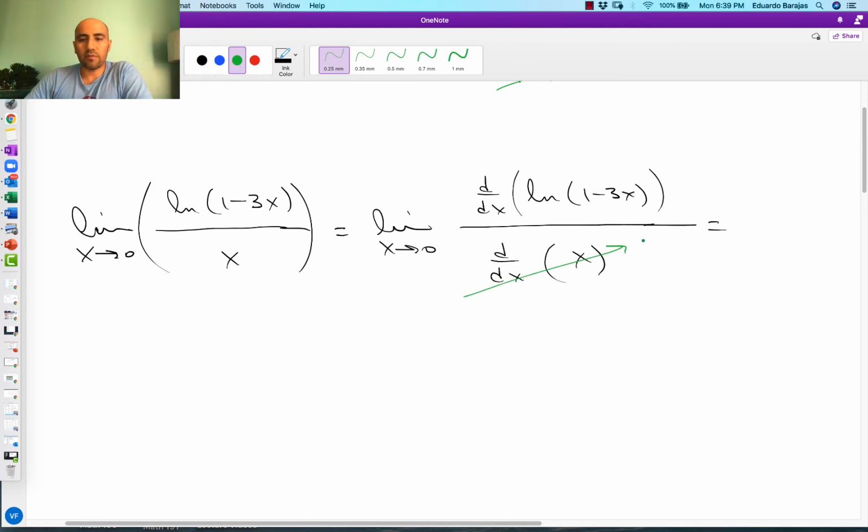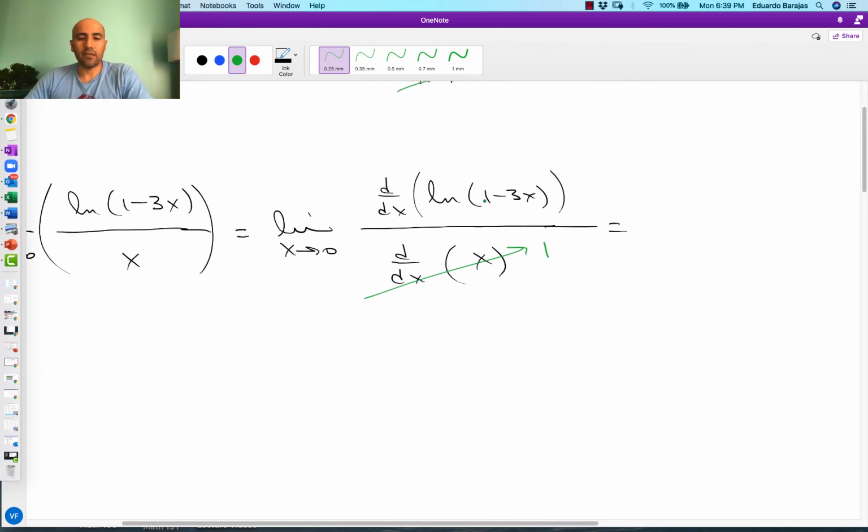This one is just going to be 1. And this derivative is maybe a little bit more complicated. This derivative is going to be 1 over the argument of the ln function. So it's going to be 1 over 1 minus 3x times the derivative of the inside part, thanks to our chain rule, 1 minus 3x. And then that turns out to be an extra negative 3.